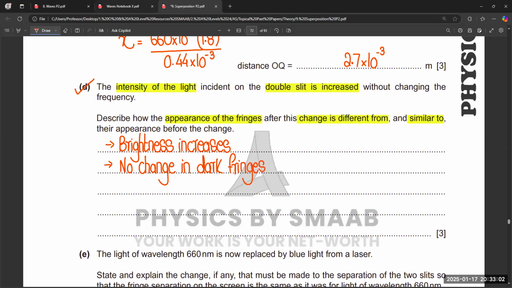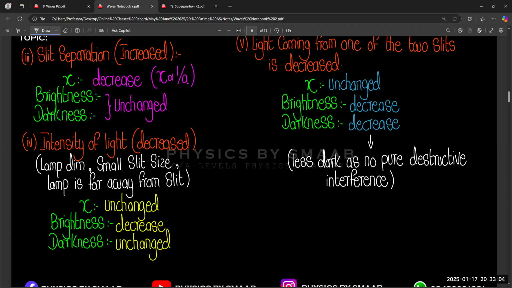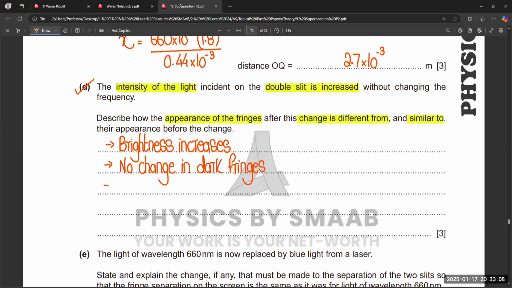And also no change to the value of x, which means fringe separation. So we write all 3 points and the question is also for 3 marks.